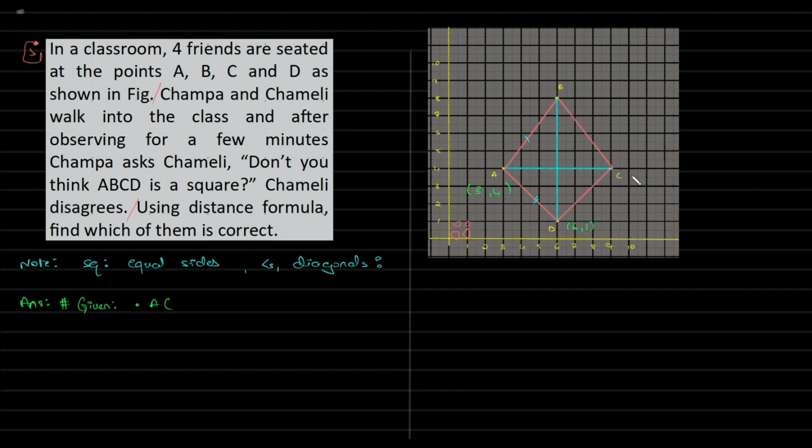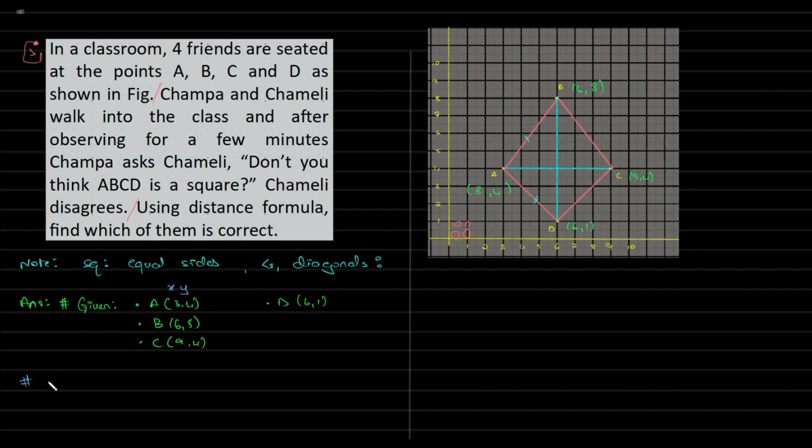C is 9 across and 4. And B is 6 across and 8 up. So that's your coordinates. We have A (3, 4), B (6, 8), C (9, 4), and D (6, 1). All these are your X, and the second one is your Y. It helps to write that down.